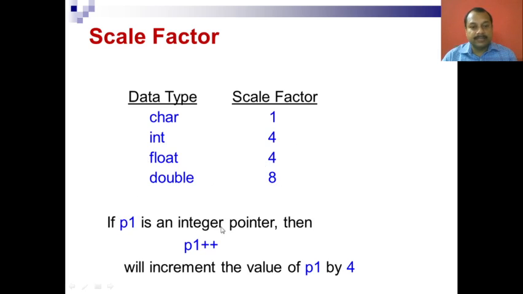If p1 is an integer pointer, then p1++ will increment the value of p1 by 4. So it will not increment just to the next byte, it will increment to the next element. Even if it is not an array but a single variable, it will be incremented by that amount.